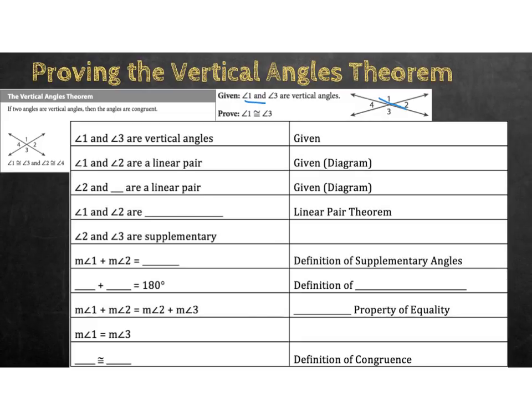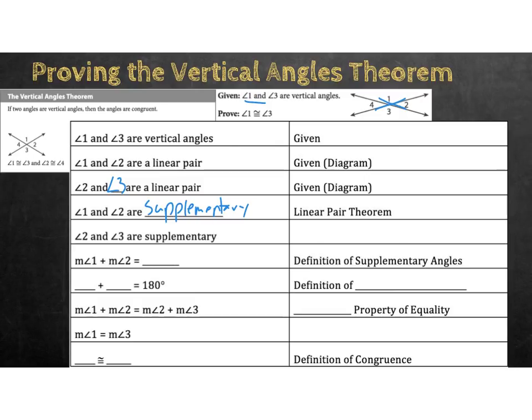Then angle 2 and angle 3 are a linear pair, also given by the diagram there. 1 and 2 are supplementary, and it's the linear pair theorem, stating that two angles that are linear pairs are also supplementary.